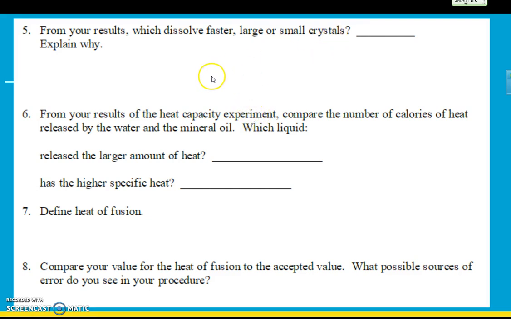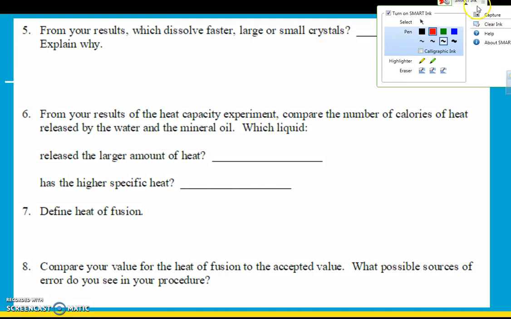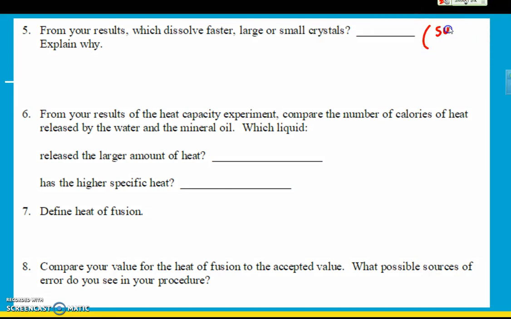That's in solubility part A, where you dissolved the fine salt and the rock salt, those bigger pieces. And you're going to want to use the word surface area to explain this answer. Just put that in here, surface area.